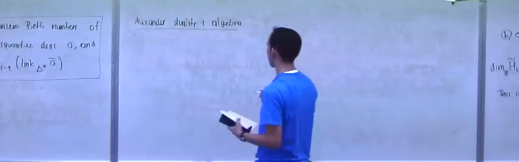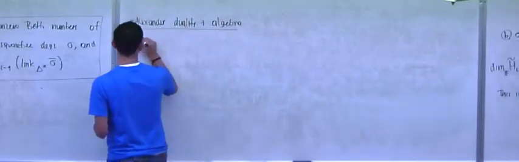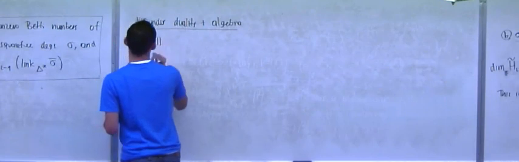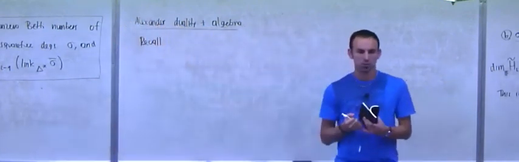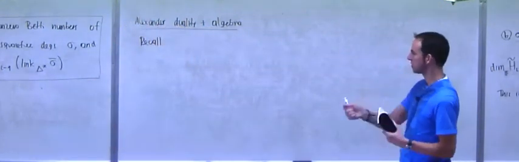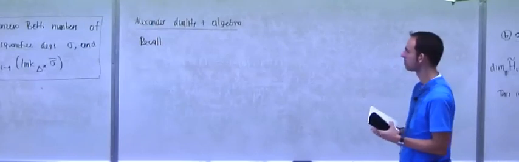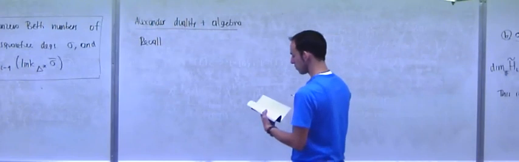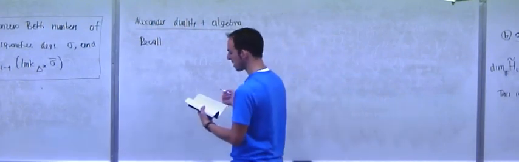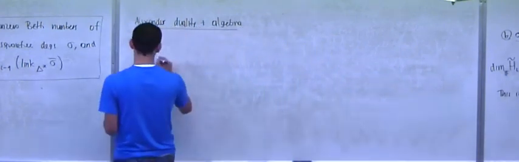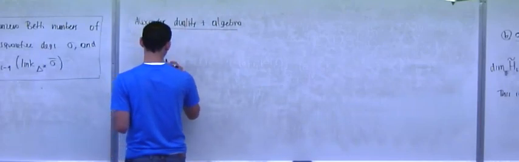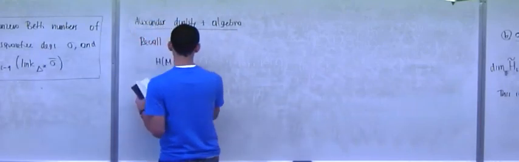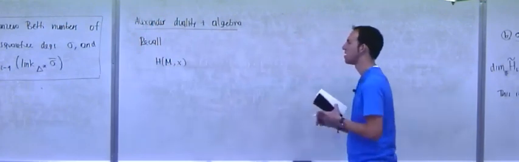So what does Alexander duality have to do with it? I mean, what algebraic consequence does duality have? What properties? Well, the first thing I'll remind you of is that we defined Hilbert series, right?